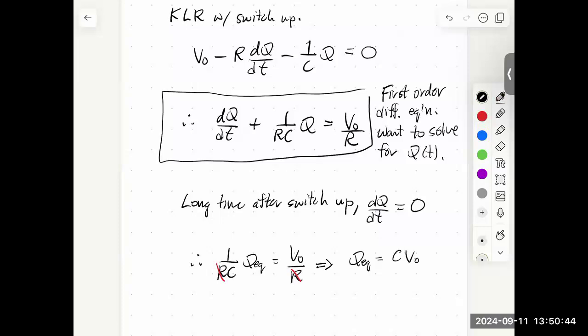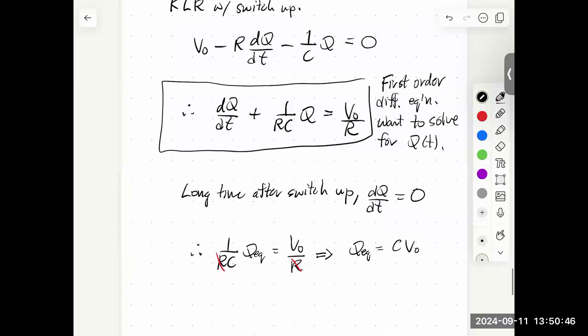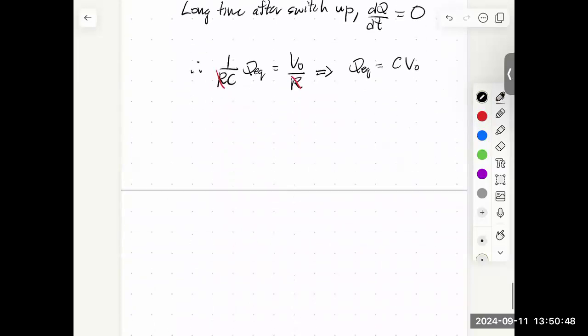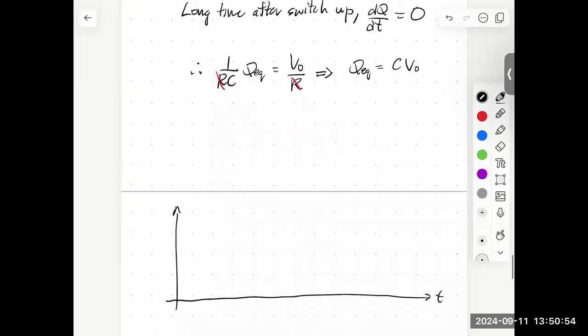That's the same thing we had for the LRC circuit. So if we were to plot Q as a function of time, this will be the last thing I draw. What we're going to know is that at t equals 0, our initial condition was that there was no charge on our capacitor plates at all. And so we have to start here.